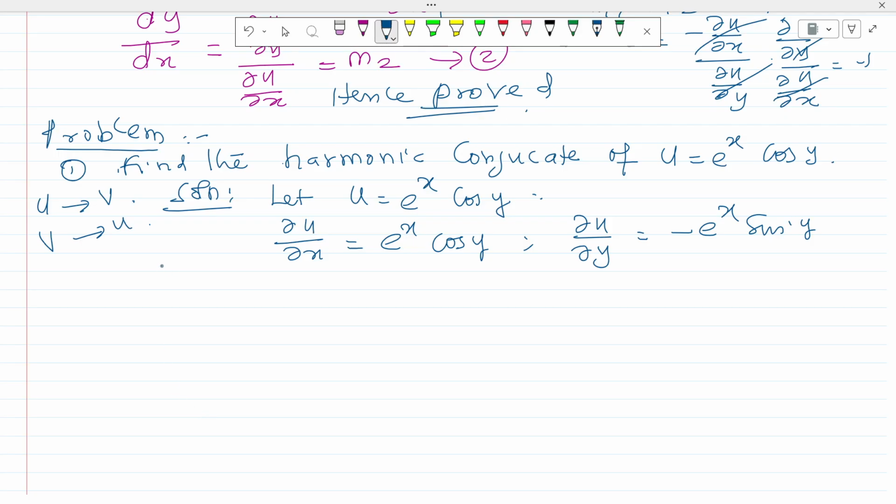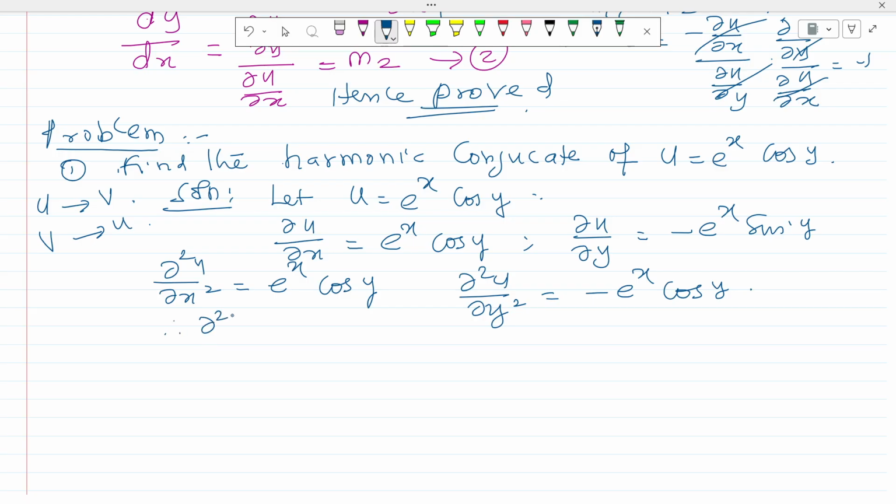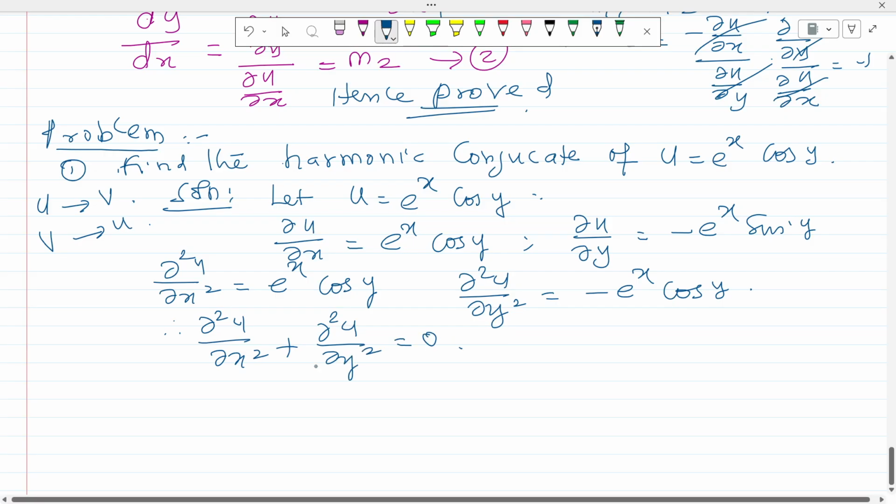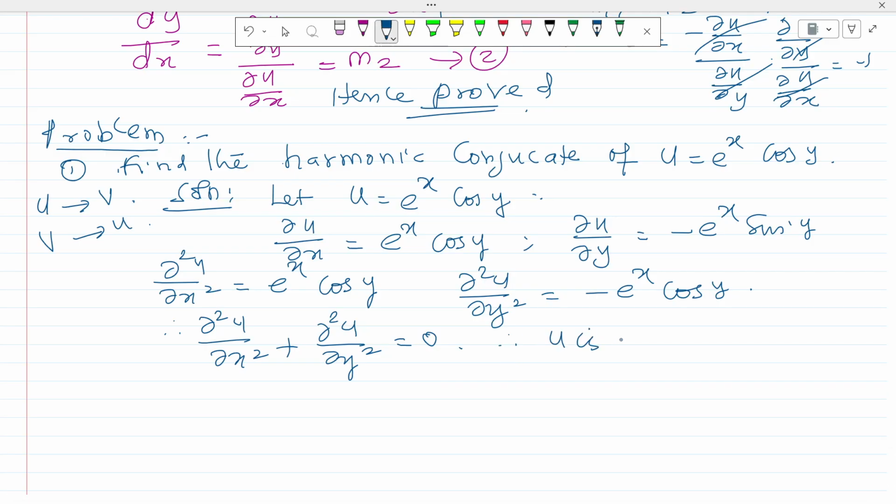Then dou square u by dou x square equal to e power x cos y. Dou square u by dou y square equal to minus e power x cos y. Therefore, dou square u by dou x square plus dou square u by dou y square equal to 0. U is harmonic function.